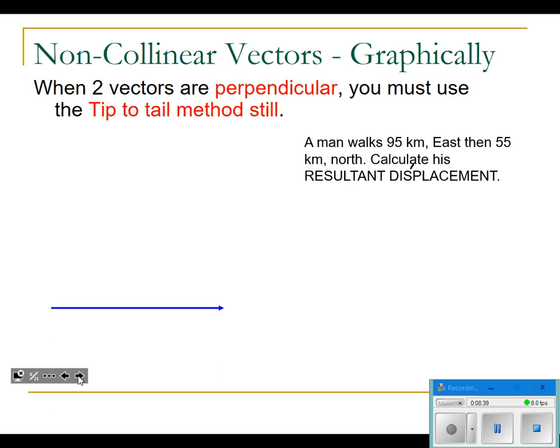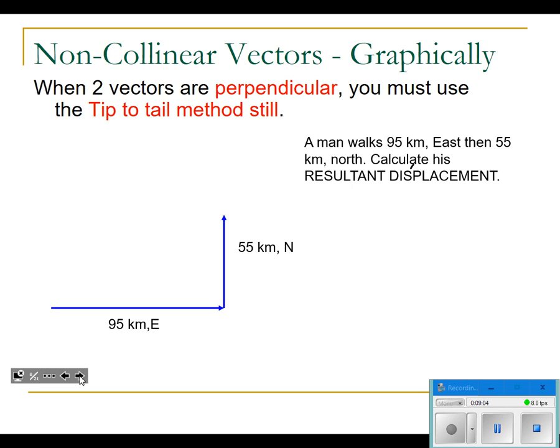So I'm going to draw that 95 kilometers east and label it, and put my arrow tip on it. Now I'm going to do my tip-to-tail method, going 55 kilometers north. I draw this one going north, from the tip of my first one is where I put the tail of my second.